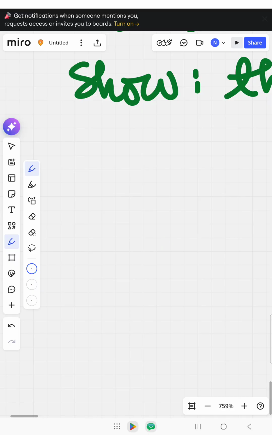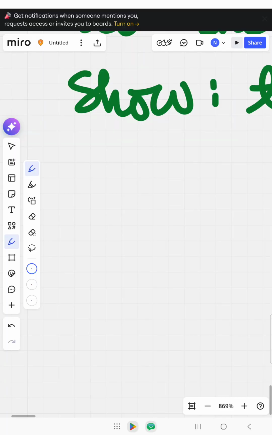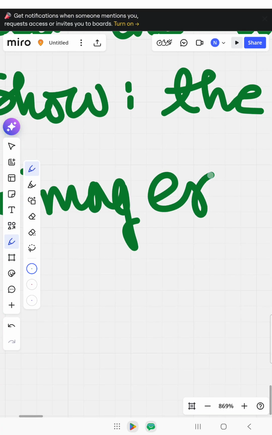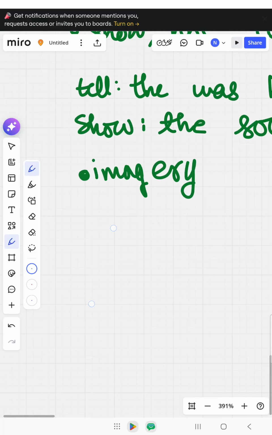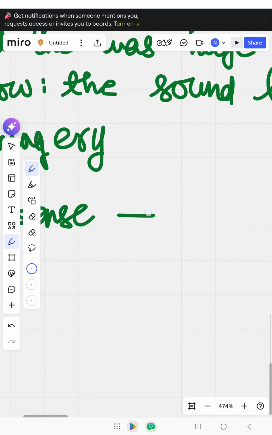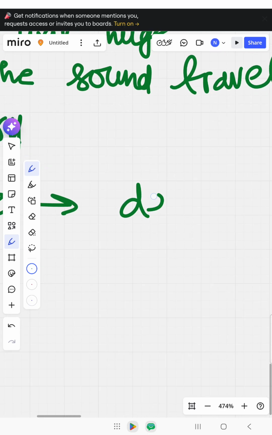Our next one is, this one is kind of obvious. Imagery. So this is where we use our 5 senses to describe what's going on around us.